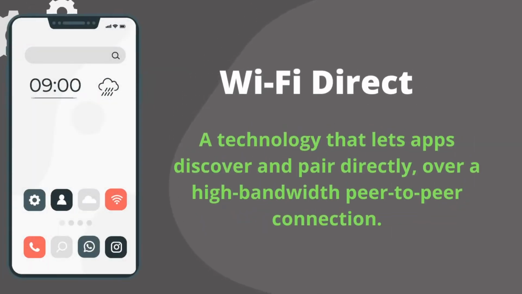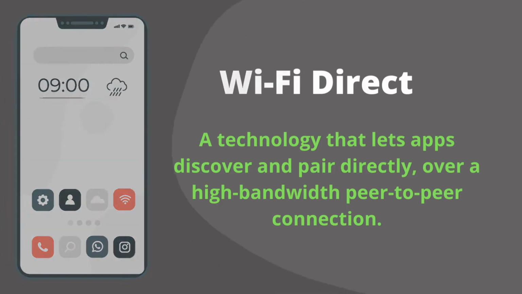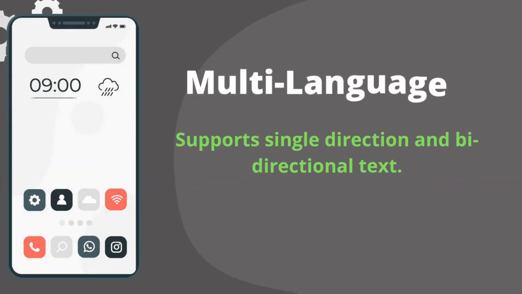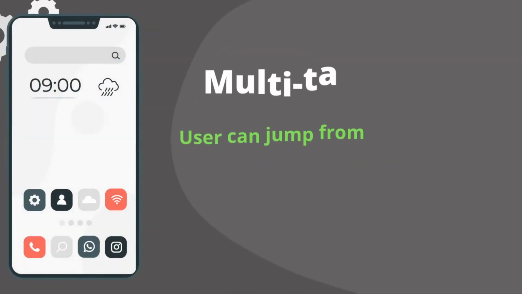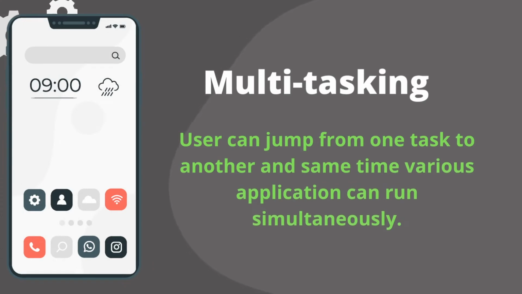Wi-Fi Direct is a technology that lets apps discover and pair directly over a high bandwidth peer-to-peer connection. Then, it supports multi-language, single direction and bidirectional text. Android also provides multitasking where the user can jump from one task to another task, and at the same time various applications can run simultaneously.